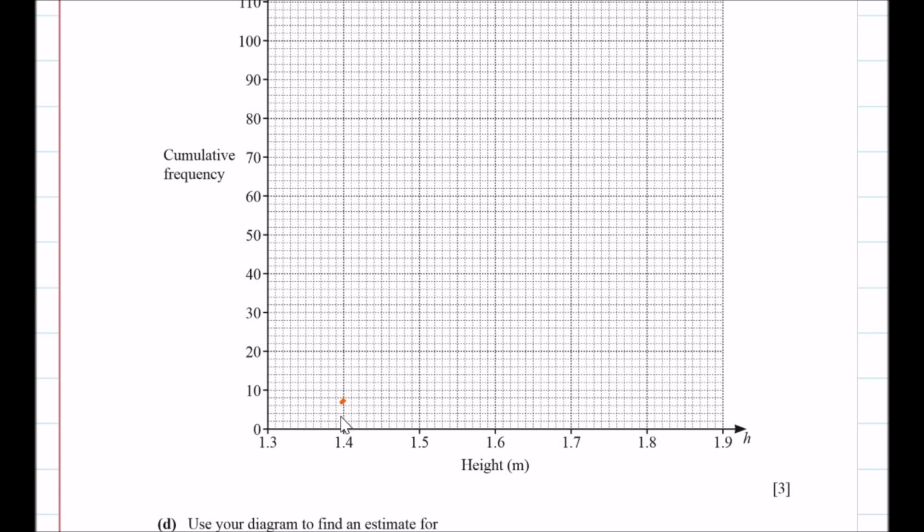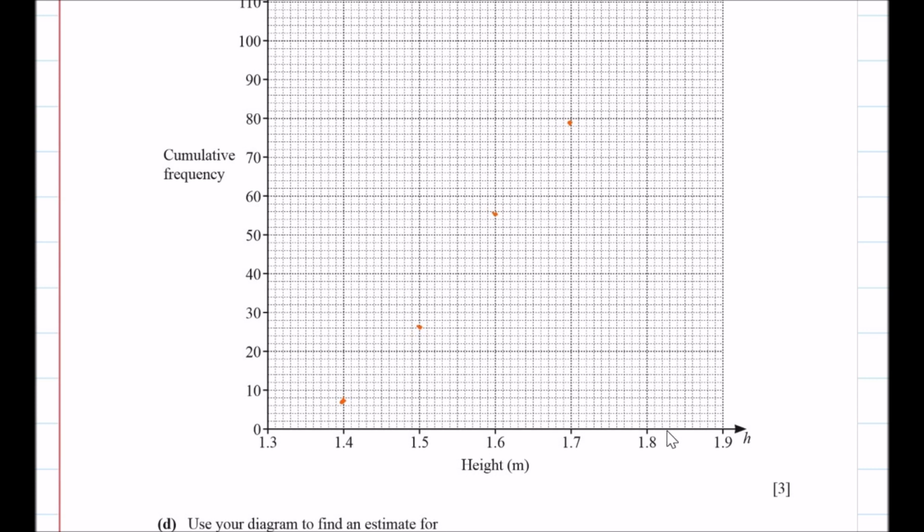Next, for 1.5, we have 25. So 25 is here. For 1.6 we have 55, between 50 and 60, 2.5 boxes here. For 1.7, we have 79, so 80 is here, just below it.